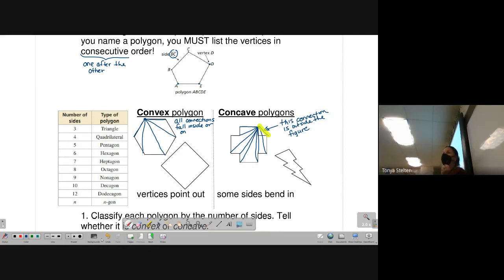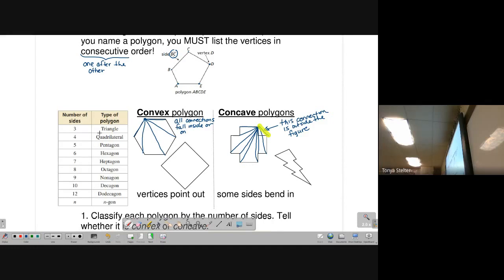The polygon's name tells you how many sides it has. For a lot of the formulas that we will use, you need the number of sides to solve the problem. So if you can't associate the name they give you with the number of sides, you'll be missing that piece of information to plug into the formula.